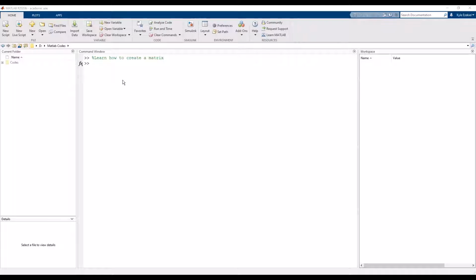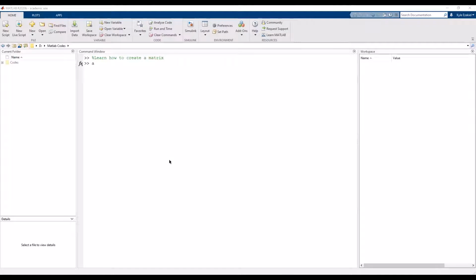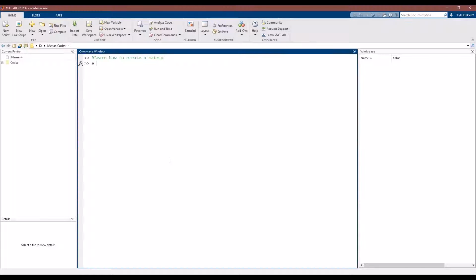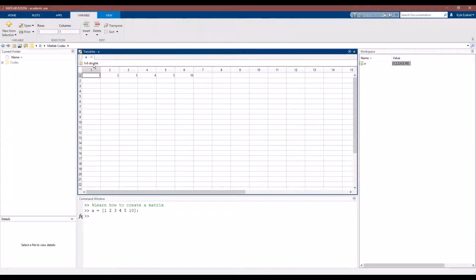If you remember, in our second week we tried to create a vector or an array, what we call the column and row vector. A vector is denoted by the bracket, and whatever you put inside it separated by a space will create your row vector.